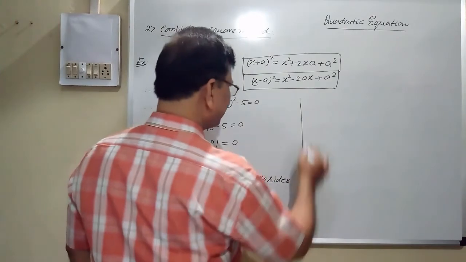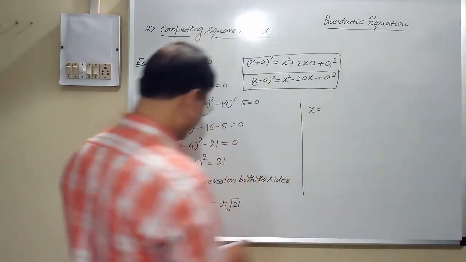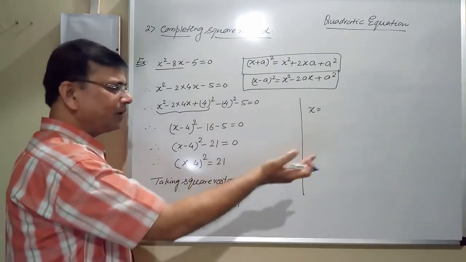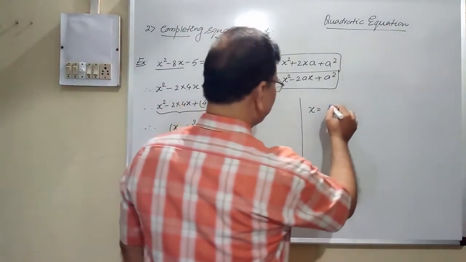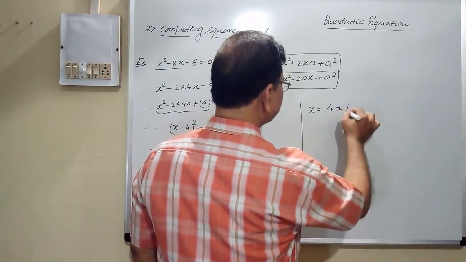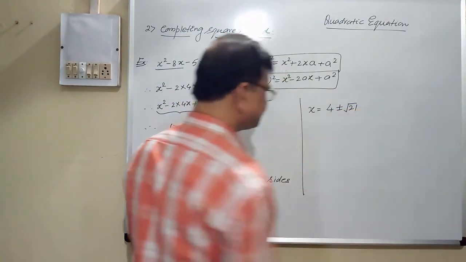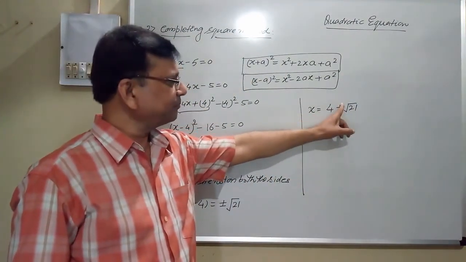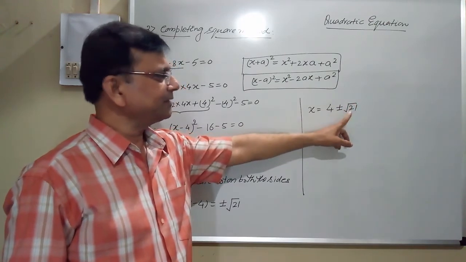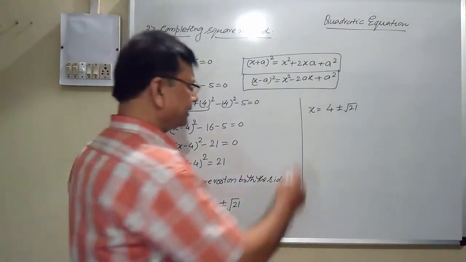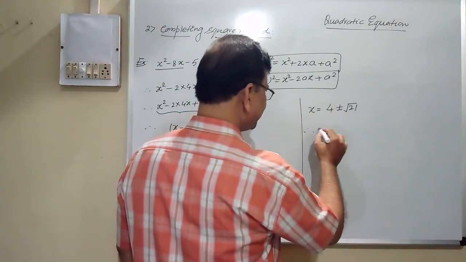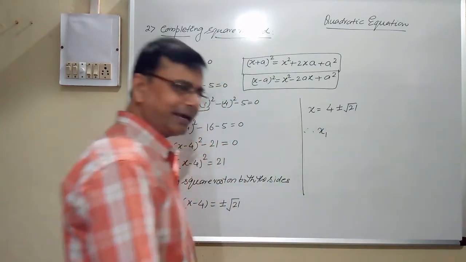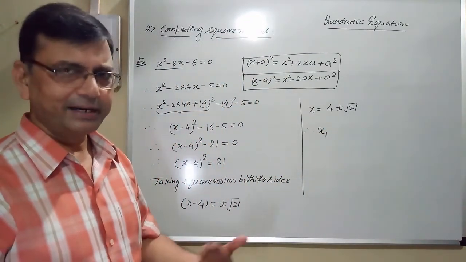Further simplification: this minus 4 will go on the right hand side, so we will get x is equal to 4 plus minus root 21. It means x has got two values, one with plus root 21, another with minus root 21. Therefore, to distinguish these two values, one I will write x1, another we will write x2.